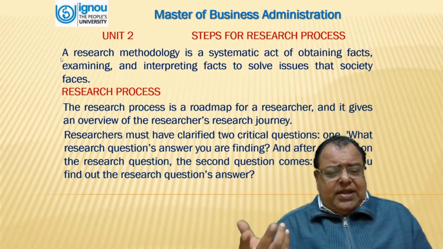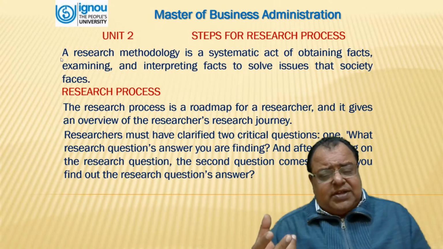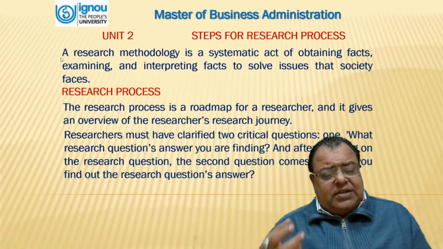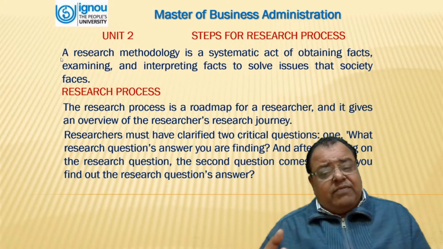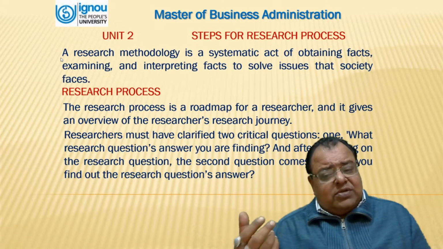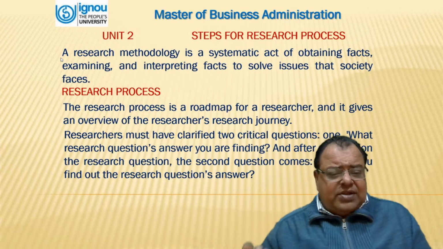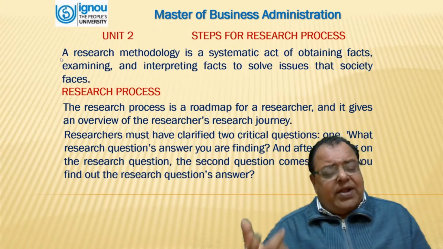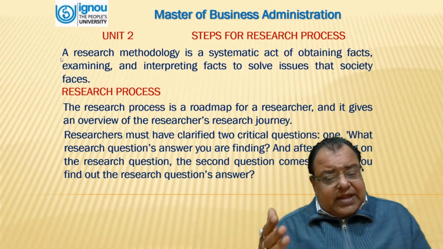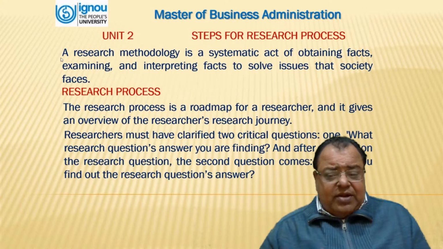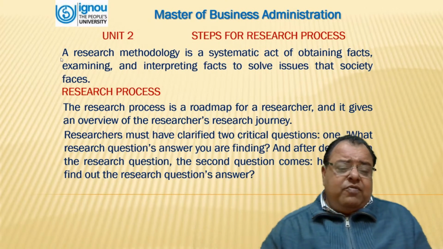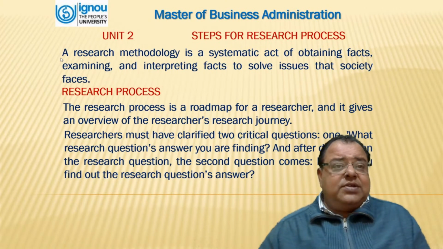The research process is a roadmap for a researcher and gives an overview of the researcher's research journey. Researchers must have clarified two critical questions. One, what research question answers are you finding? And after deciding on the research question, the second question comes: how do you find the answer to the research question?